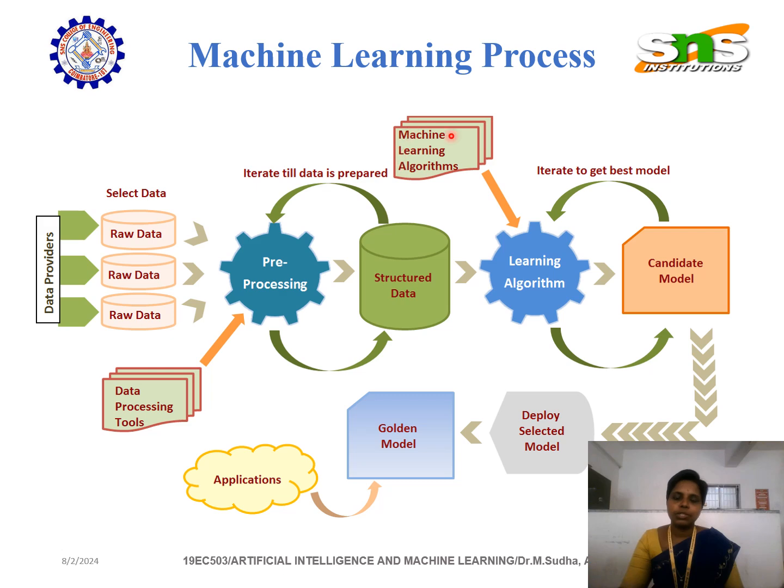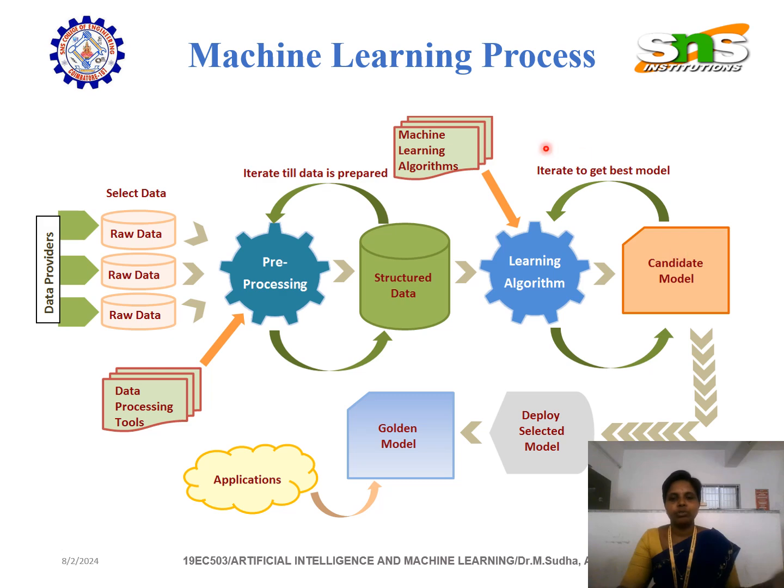Some examples of machine learning algorithms are SVM, that is classifiers, decision tree, and clustering. Using these, the candidate model is getting ready. If the candidate model is fine, then we will go to the deployment of the selected model. If it is not convenient, it will do the process again, iterating to get the best model.